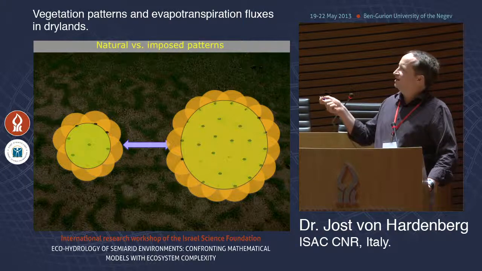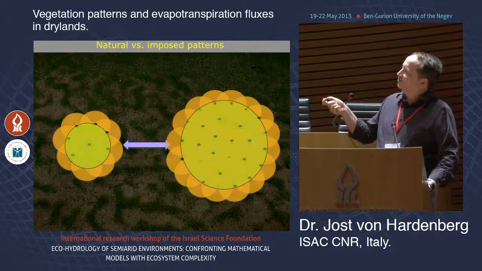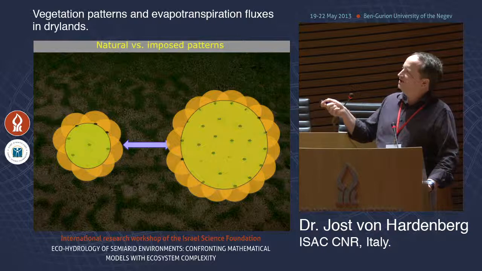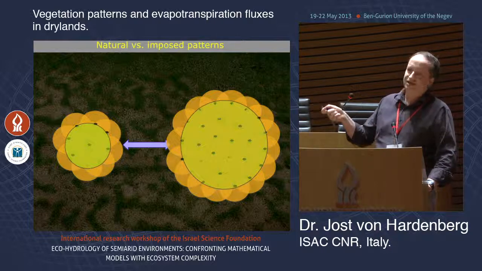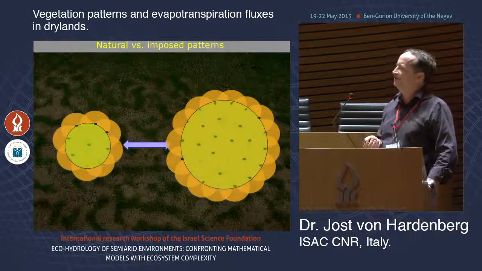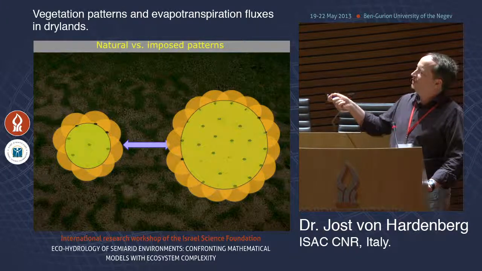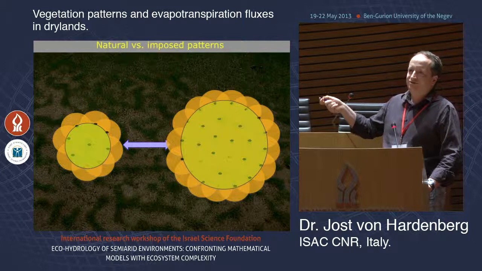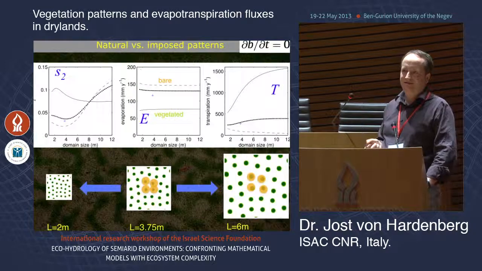Now we go to a much larger patch. What you notice is that the number of individuals sitting on the border, since the border grows linearly and the area grows with the square of the size, become less and less compared to those sitting on the inside.